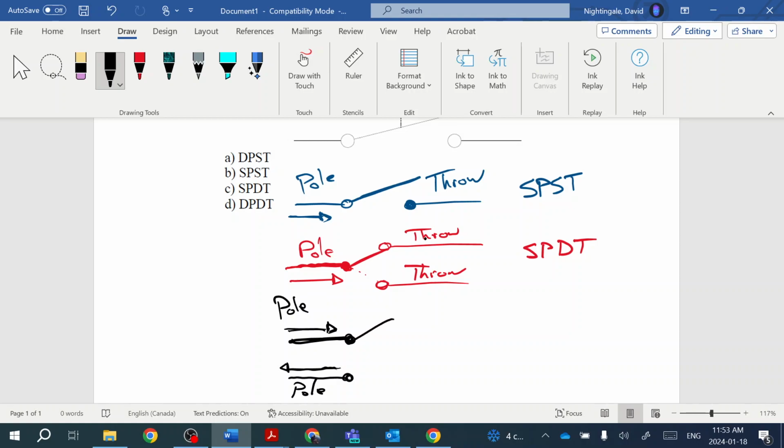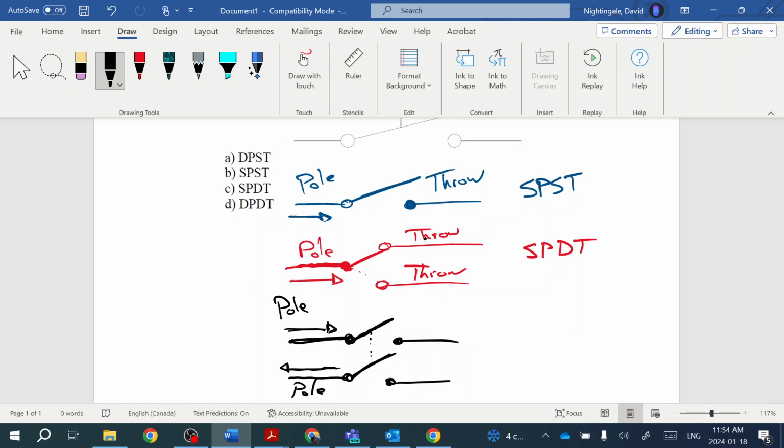And then we have our actuators, but our actuators are actually mechanically linked. When you flip your switch, like a typical wall switch, it's going to close both of those actuators at the same time. They make contact at the same time.